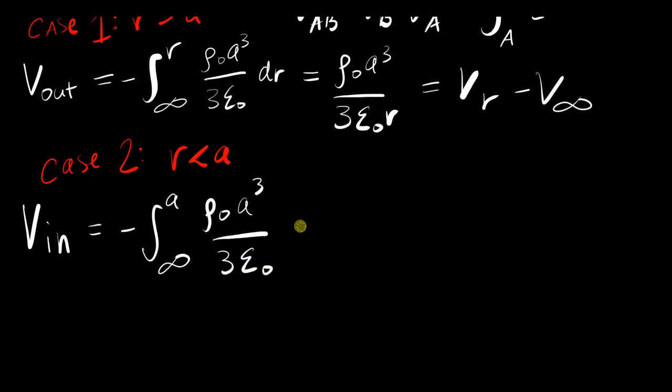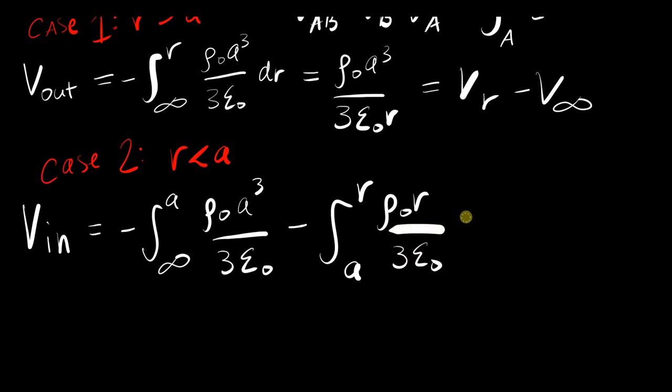And now we need to add the potential integral for the bound inside the sphere. I'm adding it, but the potential is a negative integral, so that's why there's a negative here. You'd go from a now to r, and you'd put the electric field inside, when r is less than a, in here. Whoa, that's a really thick line. There are dr's in here.